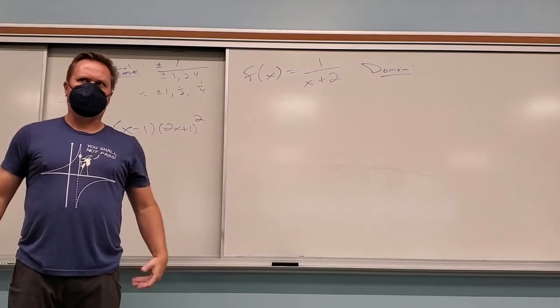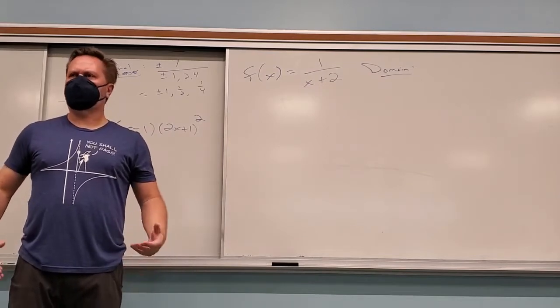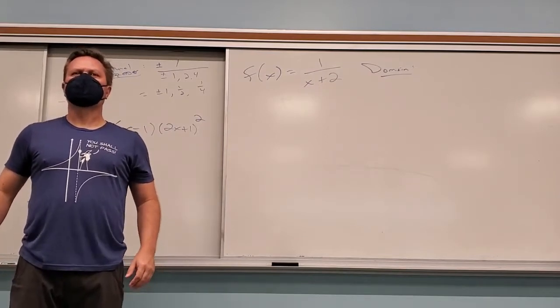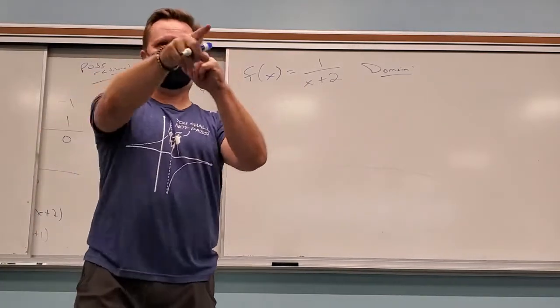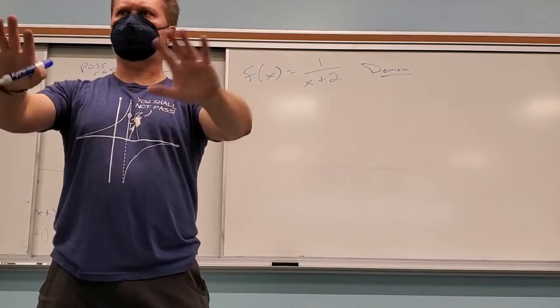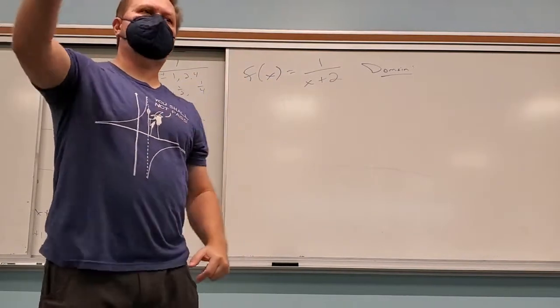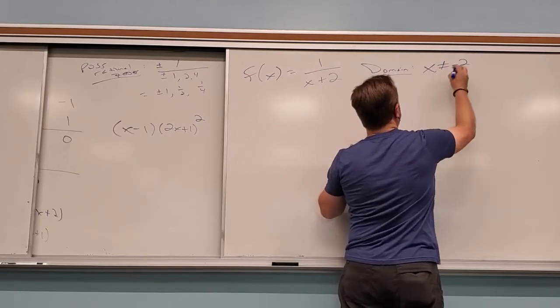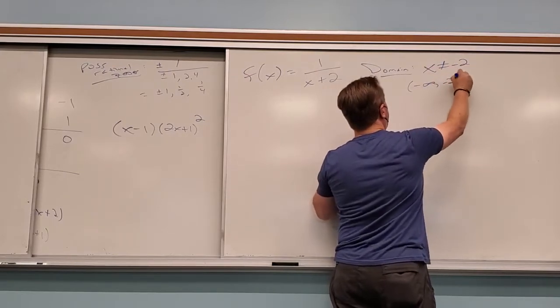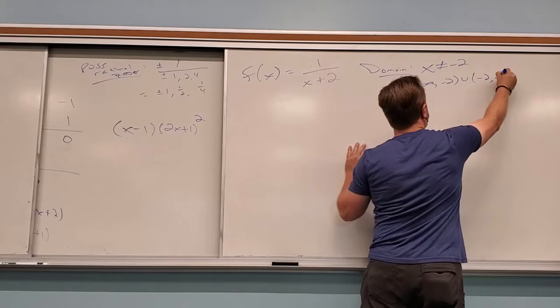So in this case, what value of x makes this freak out? Don't say 0. Think what makes the bottom 0, right? Bottom can't be 0. What makes the bottom 0? -2. So the domain would be x not equal to -2, or -infinity to -2. So you kind of skip -2.